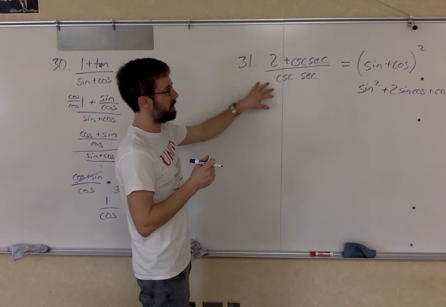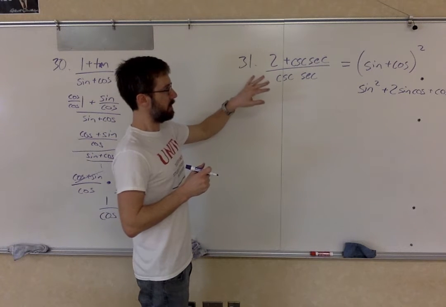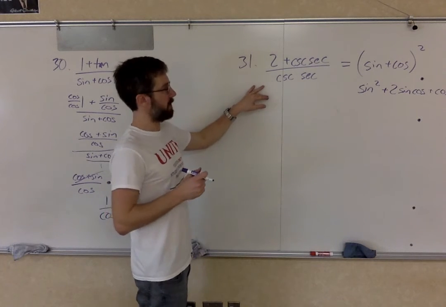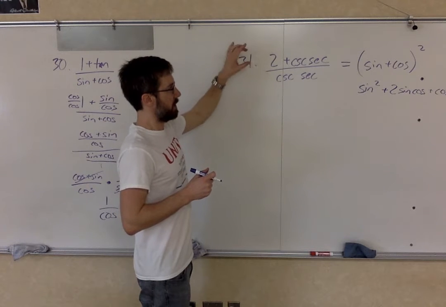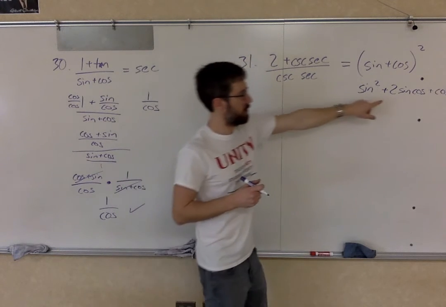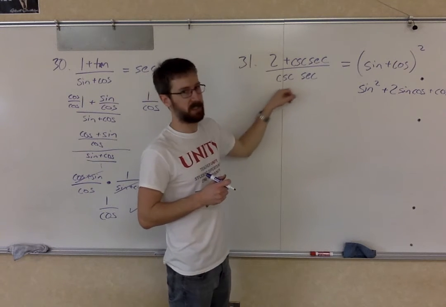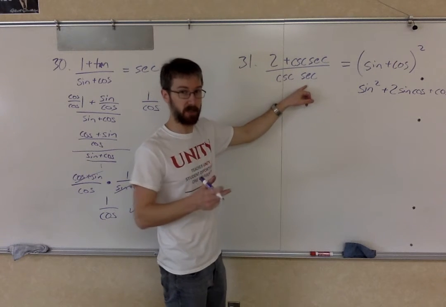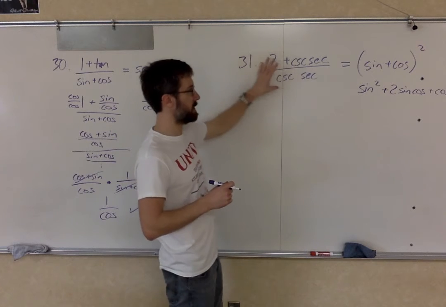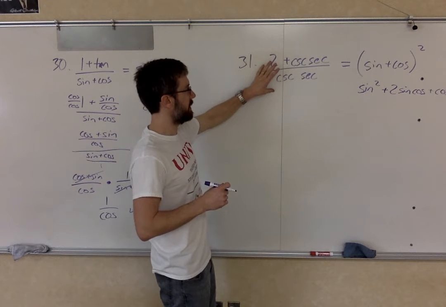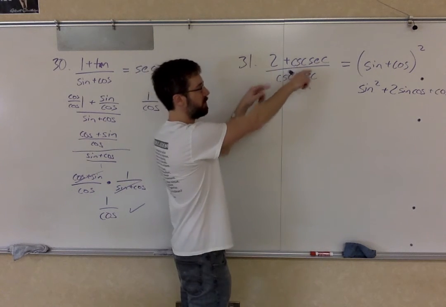All right, this one. One thing I notice about this is I've got this 2 over here with sine and cosine. I've got cosecant and secant together, which their reciprocals are sine and cosine, so they're kind of related, so that's kind of good. And then I've got these 2 terms here.